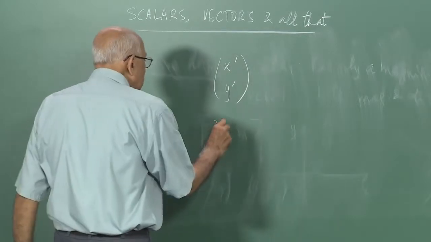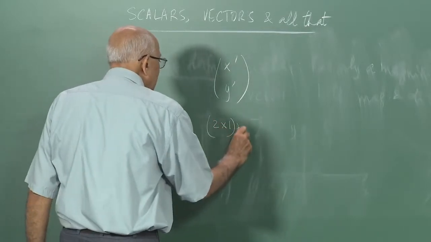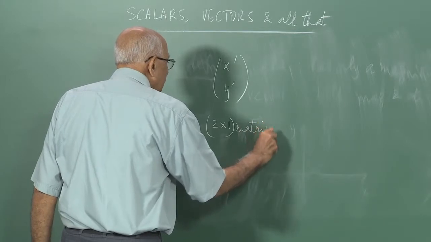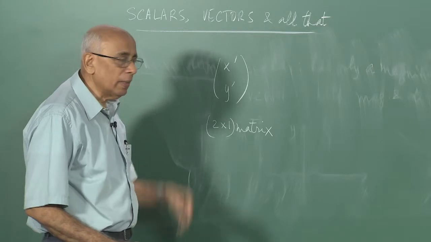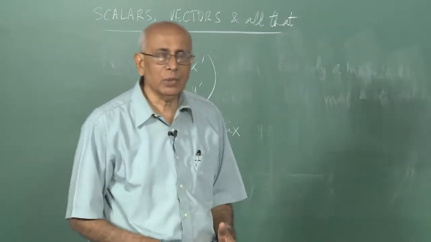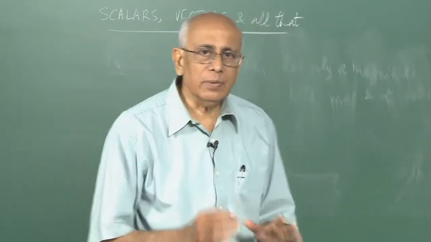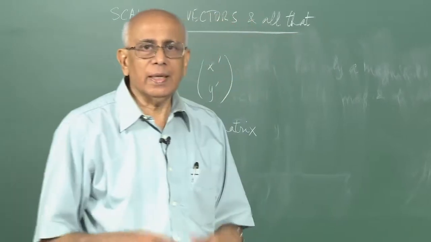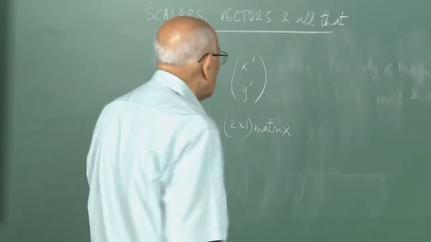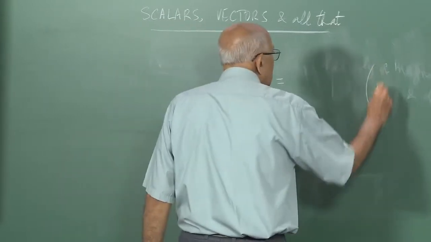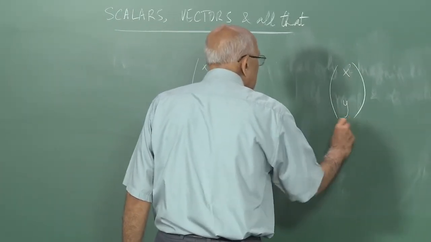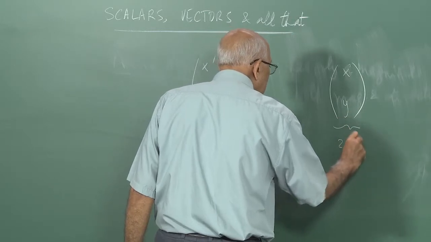This thing here is a 2 by 1 matrix. It has got 2 rows and 1 column. I presume there is some familiarity on your part with elementary matrices, but whatever is needed we will introduce as we go along. This quantity here is equal to x comma y. This too is a 2 by 1 matrix.